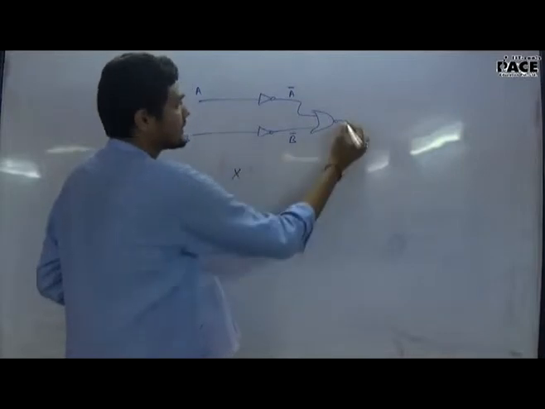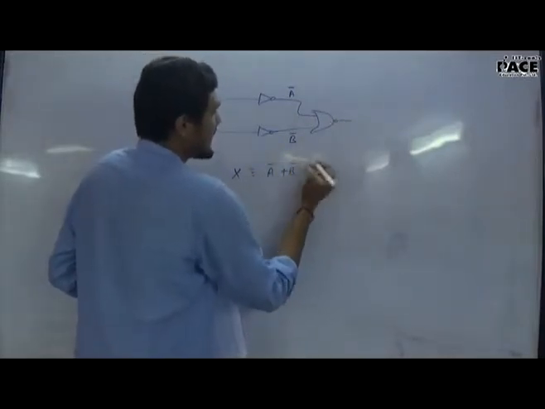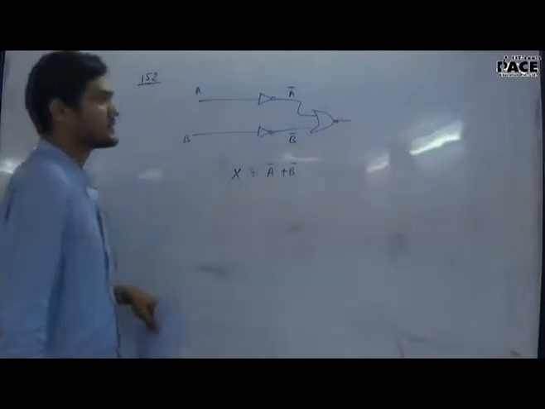So the resultant is A bar plus B bar, and there is a NOT at the end of this gate.